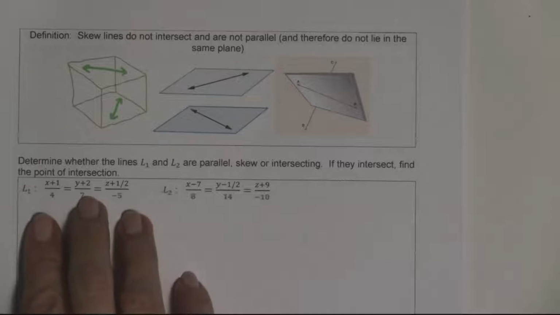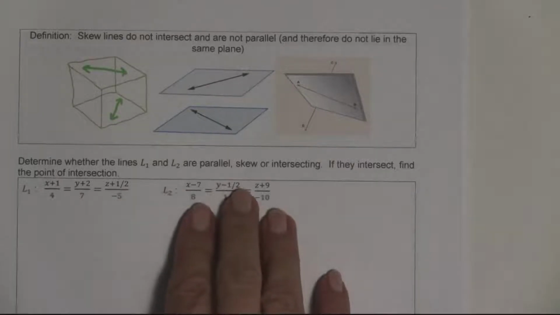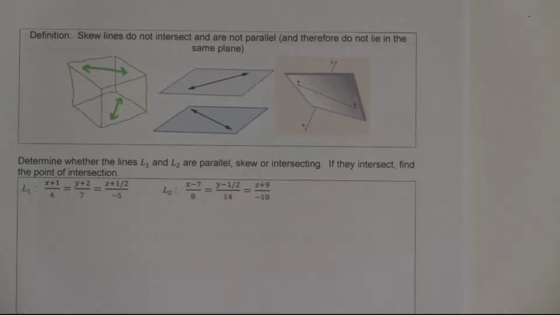They've given us line 1 and they've given us line 2, and they're asking us, are they parallel, or are they skew, or are they intersecting? And if they're parallel with one another, then that would mean that their direction vectors would be parallel with one another.